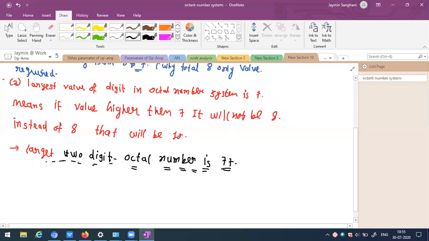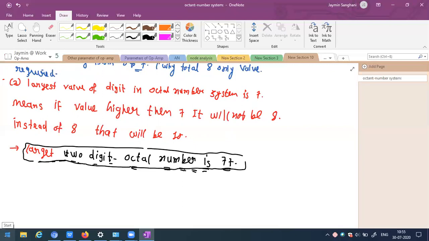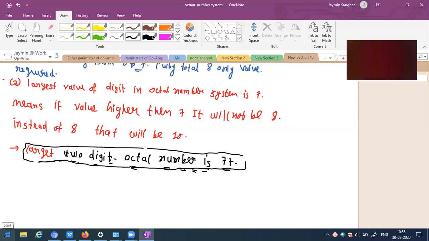Now I will discuss this concept in the Gujarati language, so you will understand better. Suppose in the octal number system the maximum value goes from 0 to 7. There will be no 8 or 9 value, because octal itself indicates the maximum value is 8. So starting from 0, it is 0 to 7.